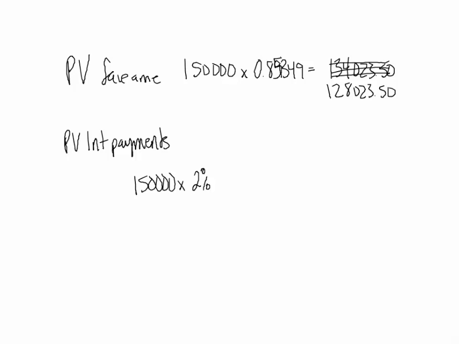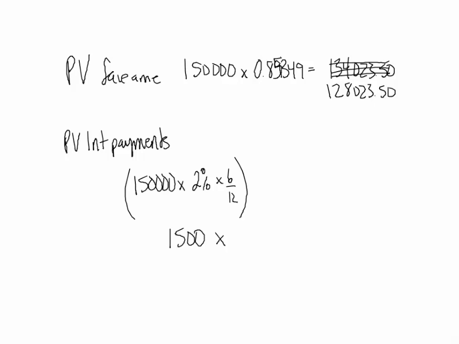Because remember, when we were doing the interest rate on the present value table, what did we do to the interest rate? Exactly. It needs to be multiplied by 6/12, which is 1/2. So it needs to be multiplied because it's semi-annually. So how much interest are they going to get every 6 months? $1,500.